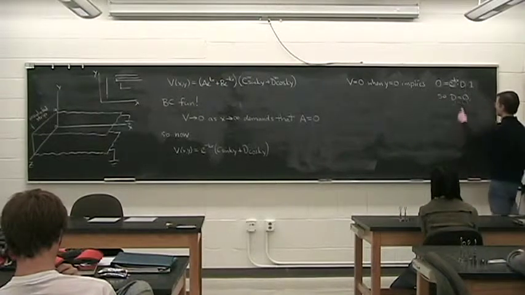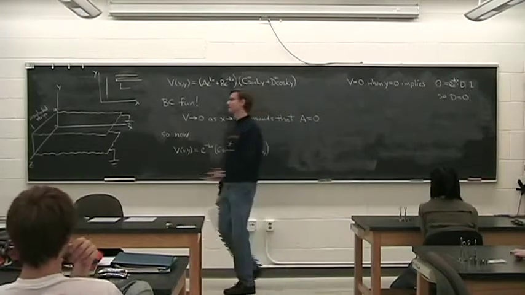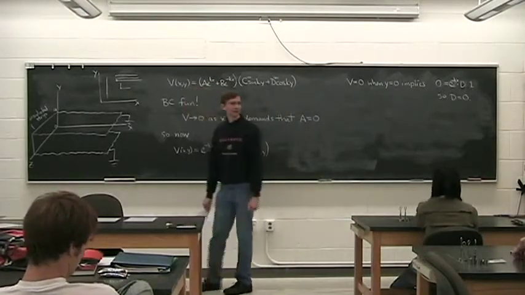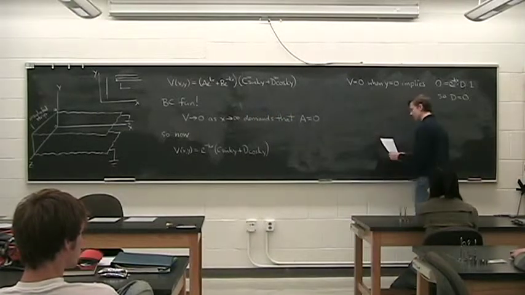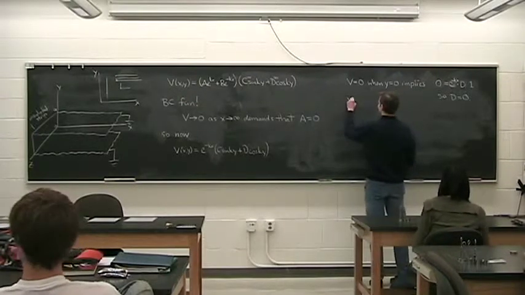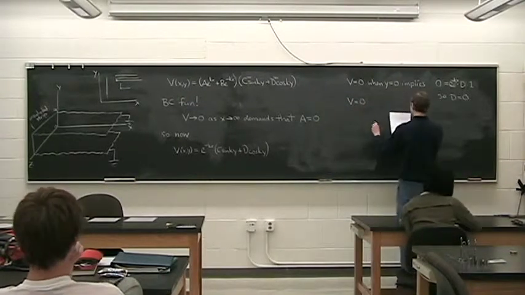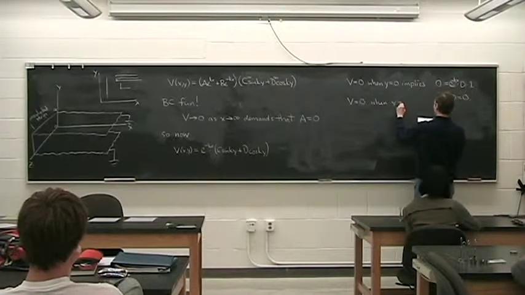Okay, so d is in fact 0 because e to the minus kx d has to be 0. That means d is 0 because x could be anything. So therefore, our coefficients are falling like flies, which is a happy thing. Now, v equals 0 when y equals a.